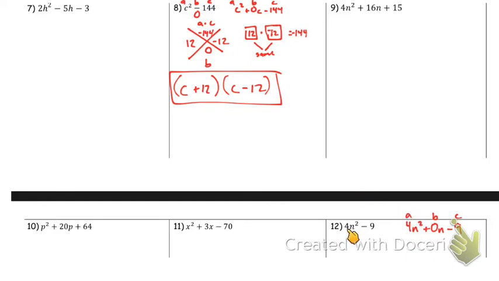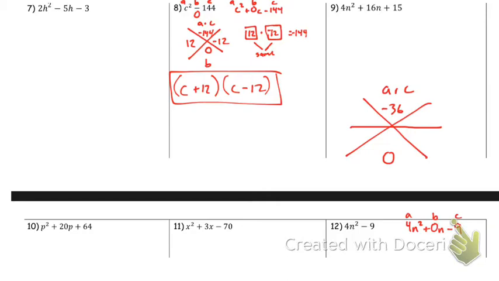We have an A value that's not 1, so we're going to use the snowflake method. A times C, that's 4 times negative 9, which gives me negative 36. My B value is 0.